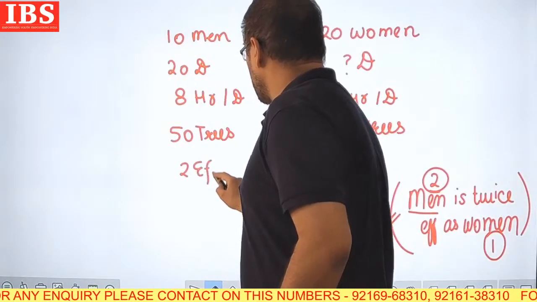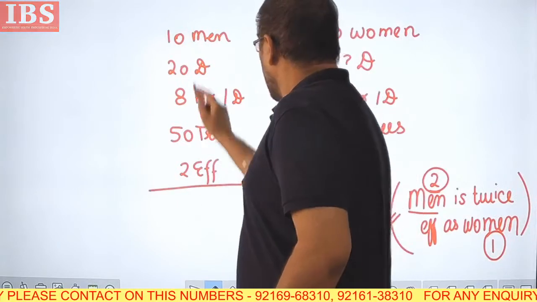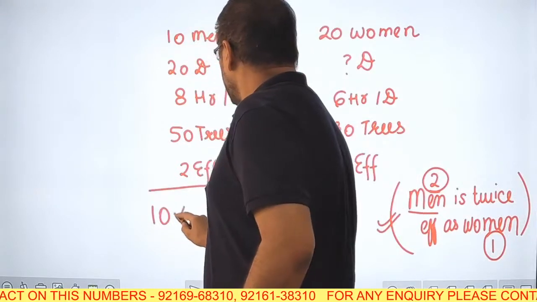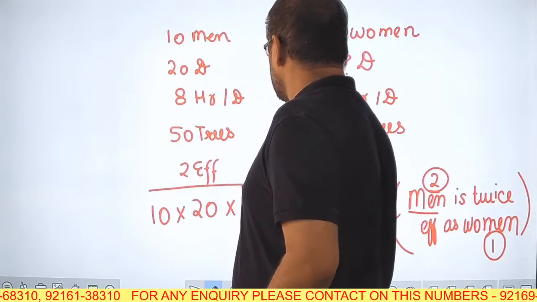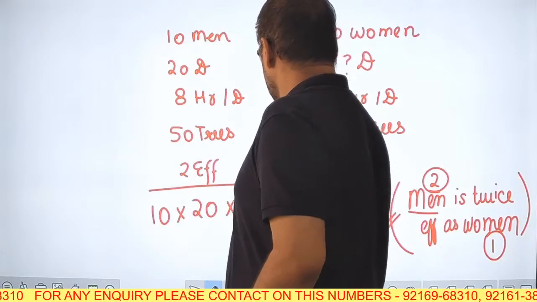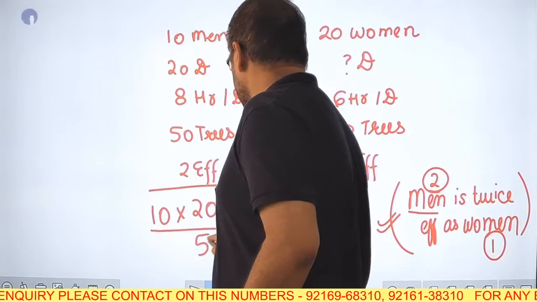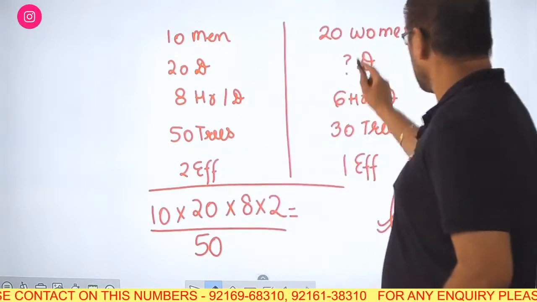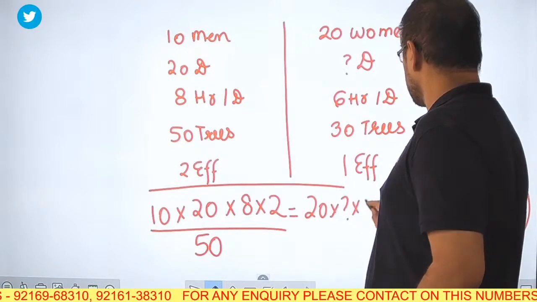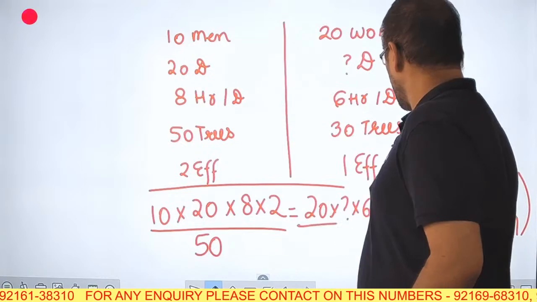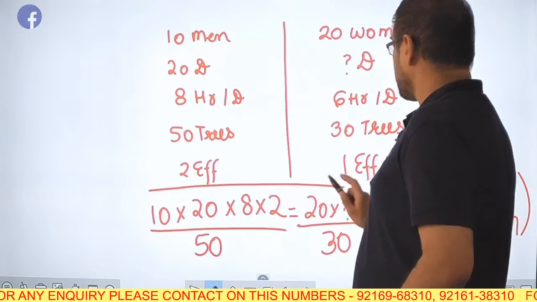Now we have M1, that is 10, M D into H into E by 50, equal to the number of women, 20, into question mark into 6 into 1 upon 30. So we can calculate the value of the question mark.